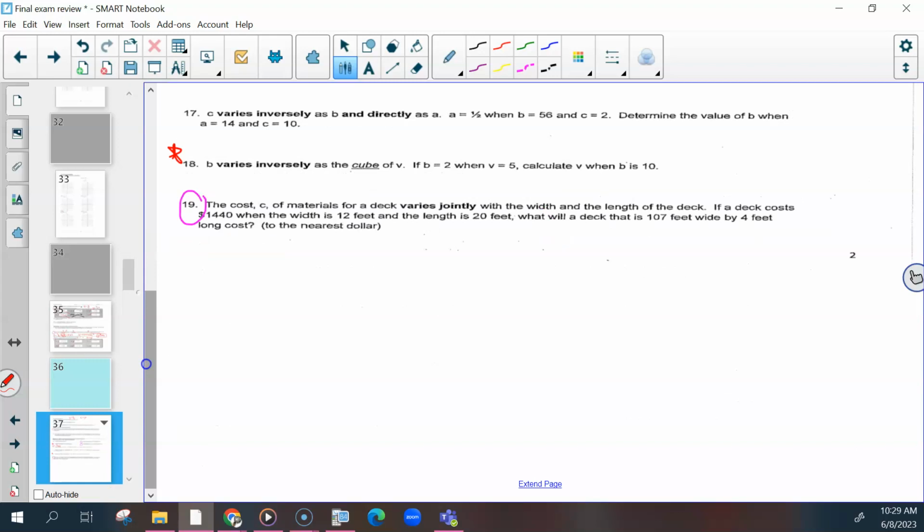So B varies inversely. B equals, you'll always have some k. Inversely, we are dividing as the cube of B. So B cubed, B to the third, not the cube root of.